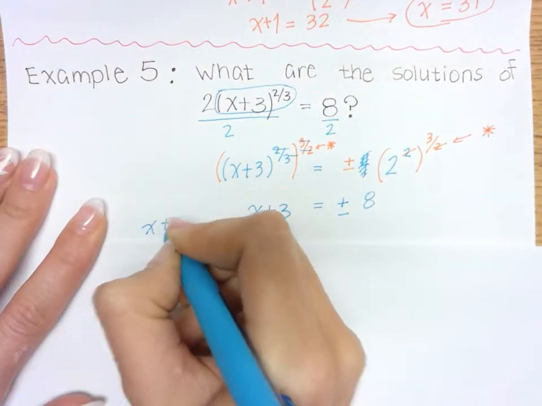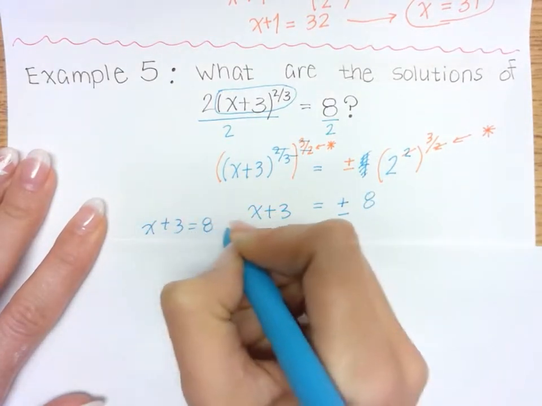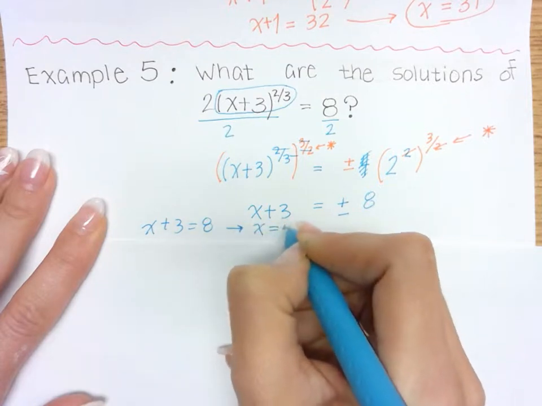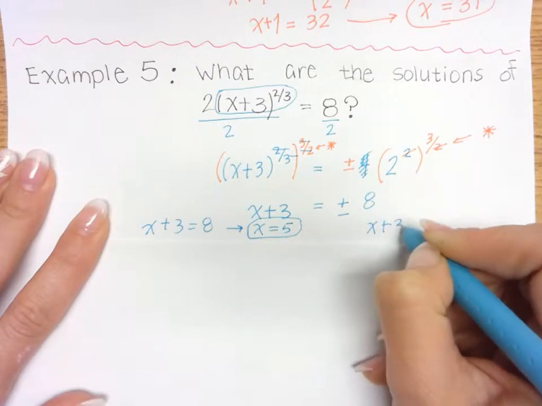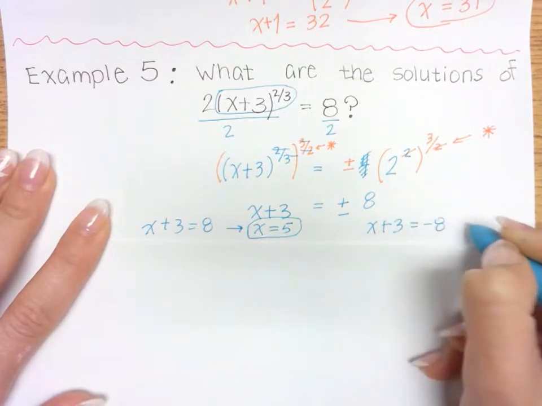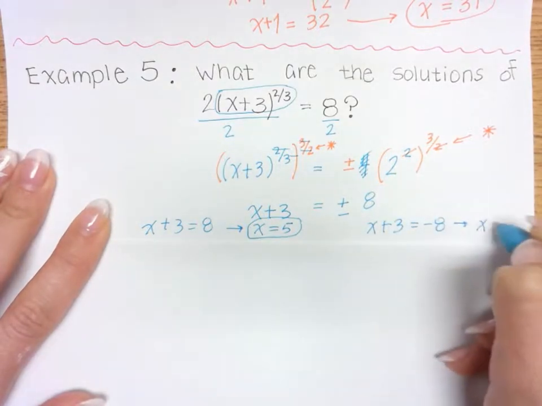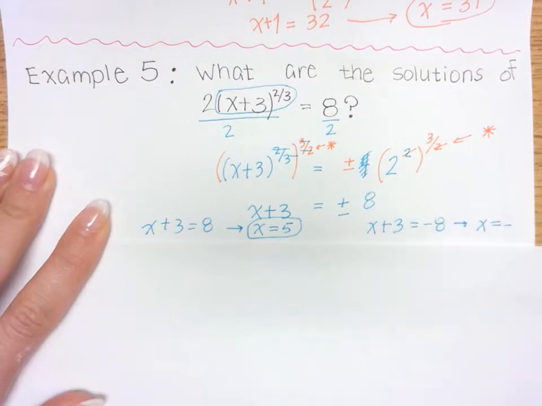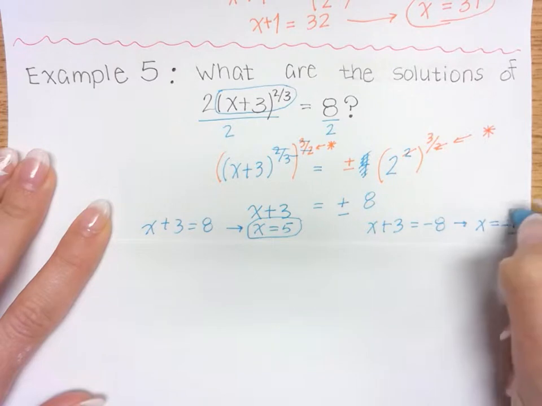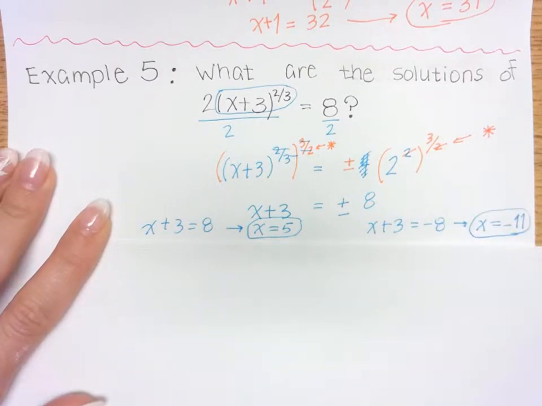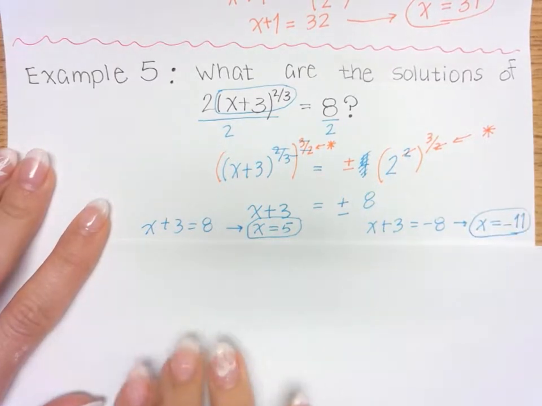Solve each one. x plus 3 equals 8, which means x equals 5. And x plus 3 is negative 8, which means x equals negative 11. And we're done. That's the end of it.